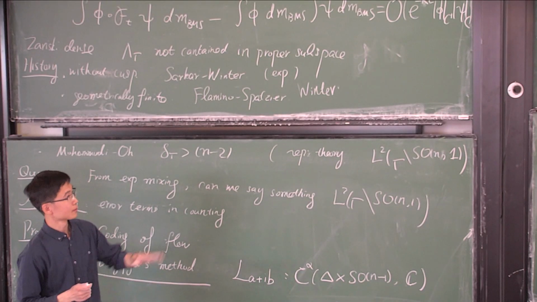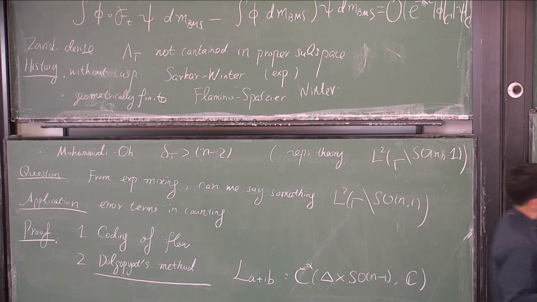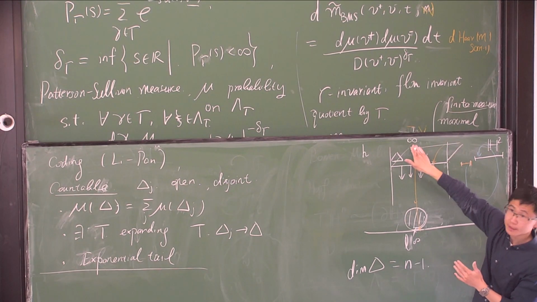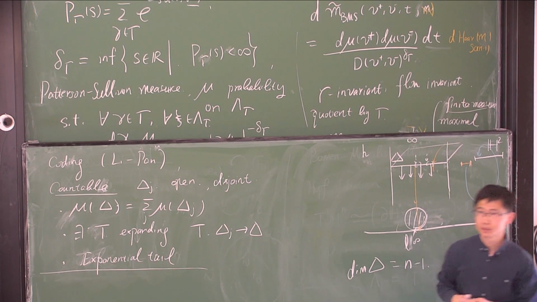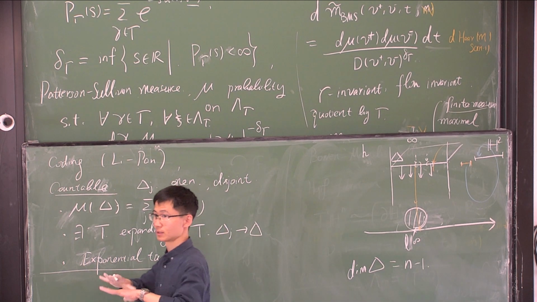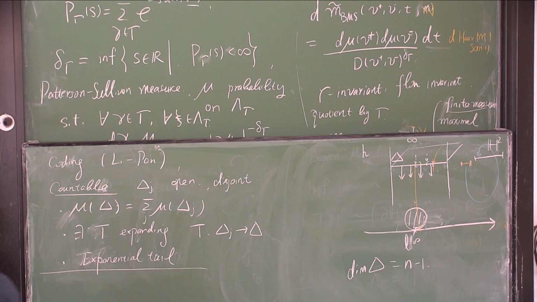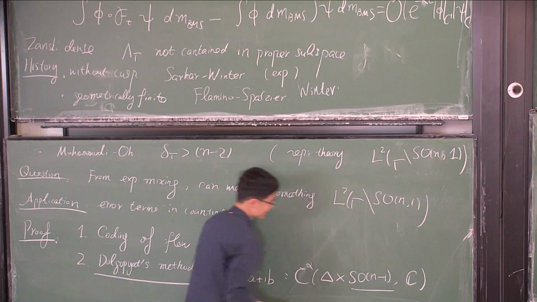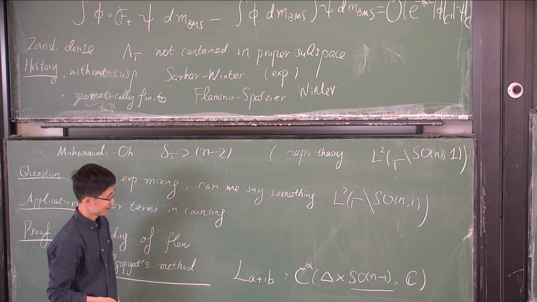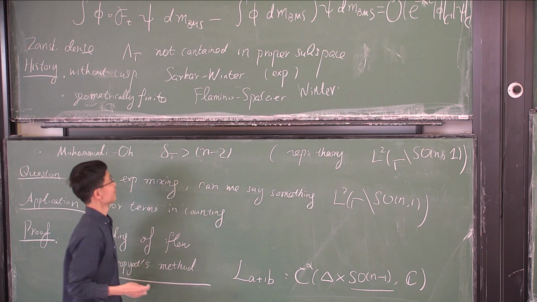Delta is like a fundamental domain of the action of this parabolic group which fixes infinity. Oh, I see. Very good part in the manifold. And the difficulty is coming from this end part.